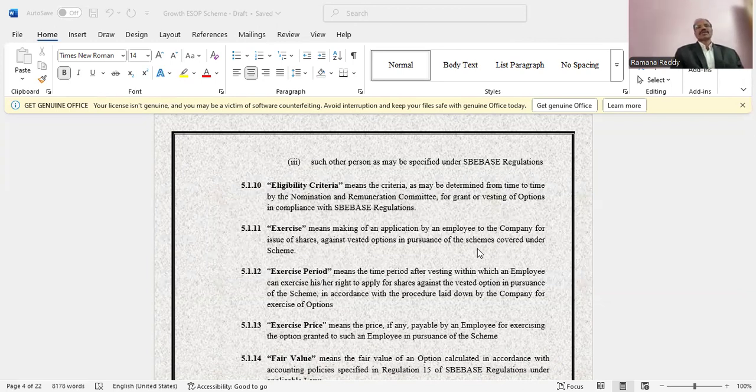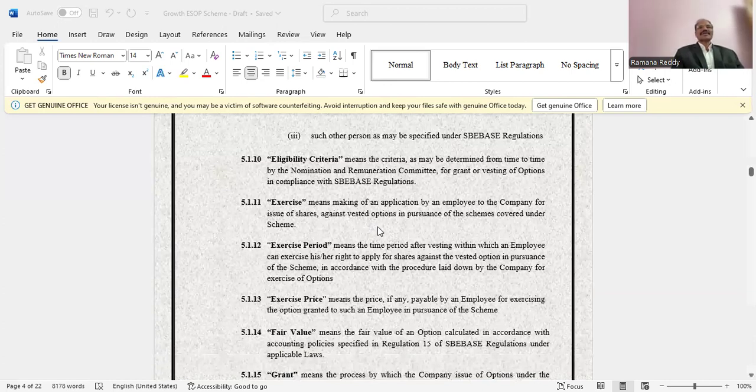So once the options are vested, then the employee will make an application to the nomination remuneration committee. That is called exercise of the options.